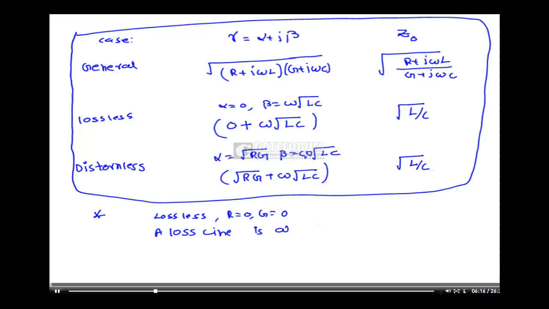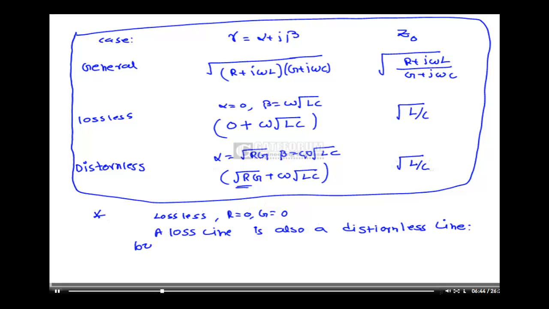Because for a distortionless line, what is the alpha value? Square root of RG. For a lossless line, R is equal to 0, G is equal to 0. Then what happens to alpha? Alpha is equal to 0. So we can say that a lossless line is also a distortionless line.